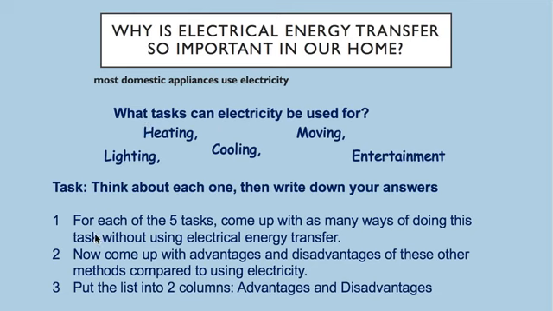So for each of the 5 tasks, come up with as many ways of doing this task without using electrical energy as possible, and then now come up with advantages and disadvantages for these other methods compared to using electricity, and then put the list into 2 columns: advantages and disadvantages. Okay, so just pause the clip now.